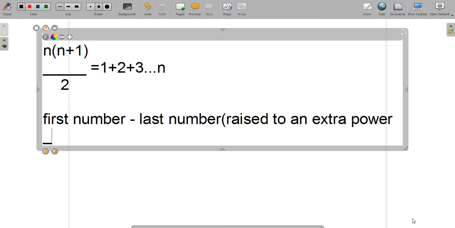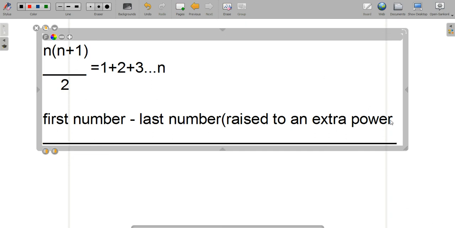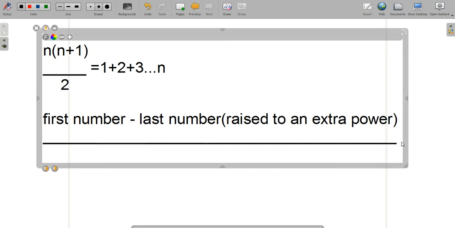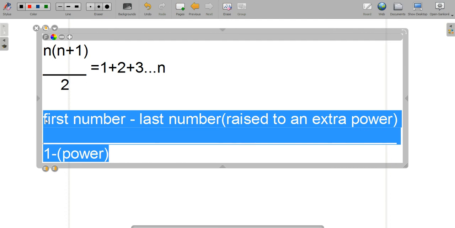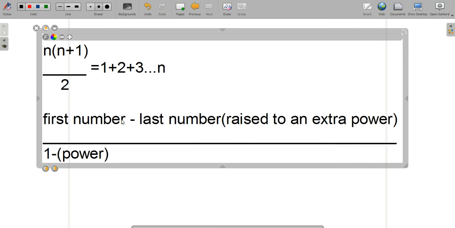Or that, well, it's just two numbers. I'm just writing a sentence about it. Minus 1 minus power. And that's basically it. This is just like a ratio formula, I guess. I'm saying it's like a ratio formula because you're dividing two things, and that's typically how they work.